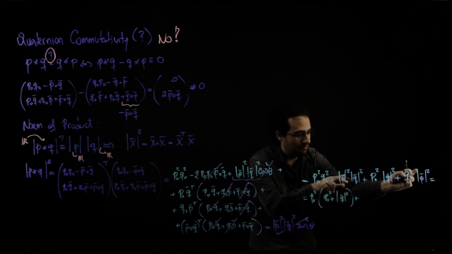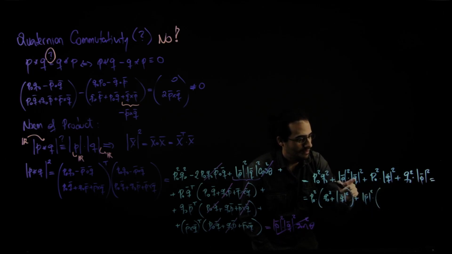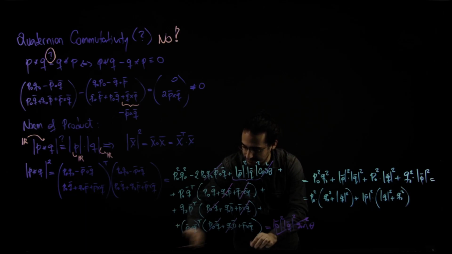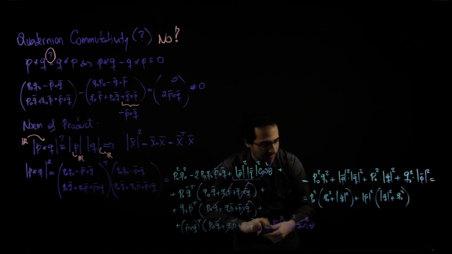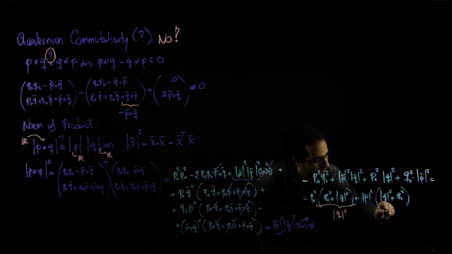And this over here, I'll put perhaps P squared. I'll put them together by means of the P squared. So what we'll have is Q squared plus Q0 squared. And notice that finally this term over here is the norm of the quaternion squared, and this is the norm of the quaternion squared too.